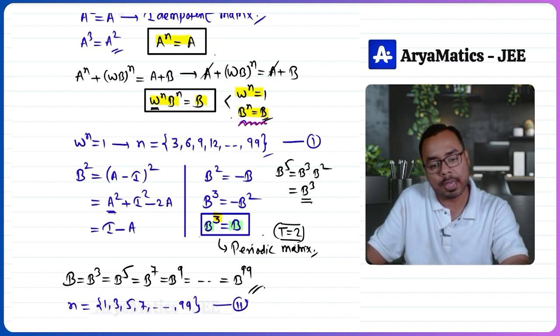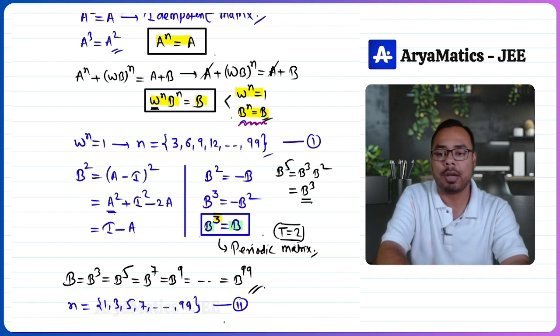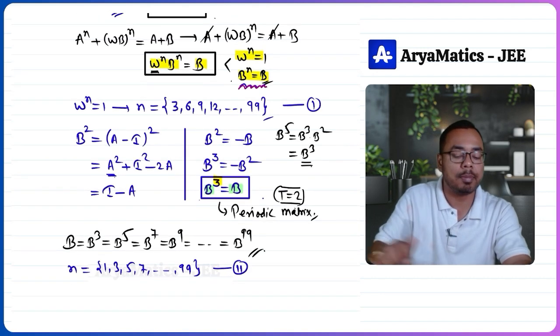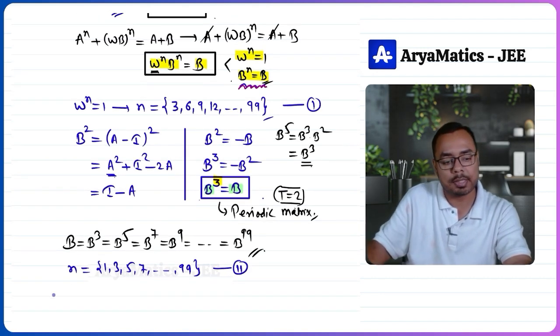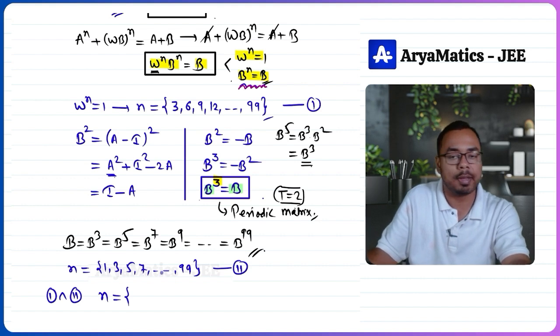And if B raised to n is the same as matrix B, then n must be all of these odd natural numbers. Now, because we have to satisfy both the conditions, we need to take the intersection of 1 and 2. So if I take the intersection of 1 and 2, n will be the common values from 3, 6, 9, 12 and so on, and 1, 3, 5, 7 and so on.